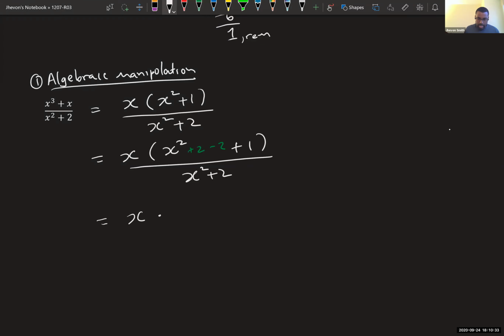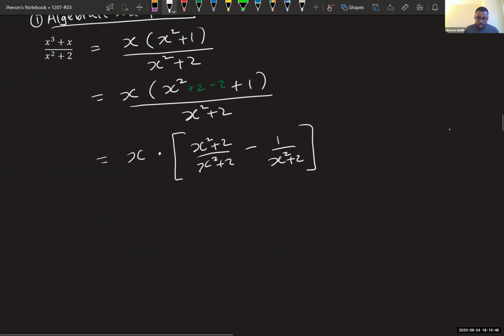So that would give me x times x squared plus 2 over x squared plus 2 minus 1 over x squared plus 2. And so that actually simplifies to 1. And now I can multiply the x back out. So this is x minus x over x squared plus 2.